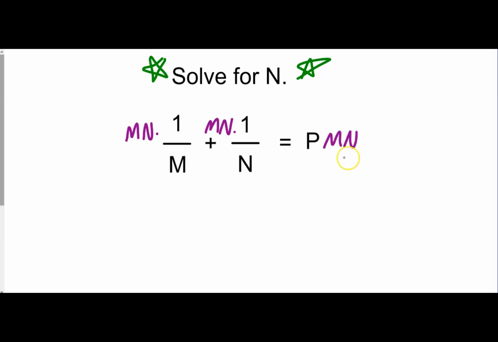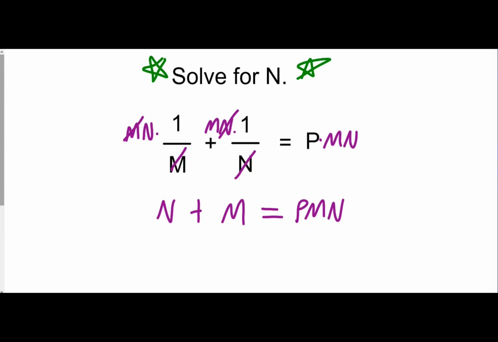So that hasn't changed for us. It will actually cancel the same way as last time. So that leaves you with N there. The N's cancel out, leaving you with the M. And then over here we've got P, M, N.